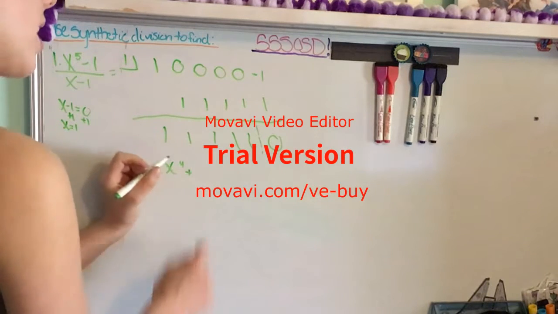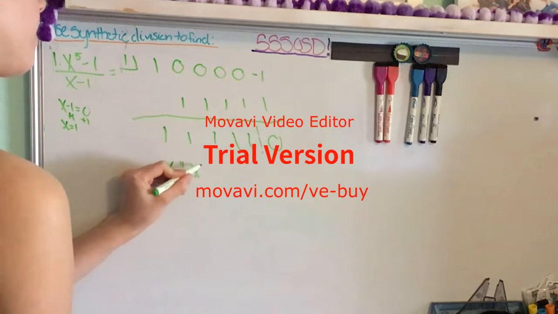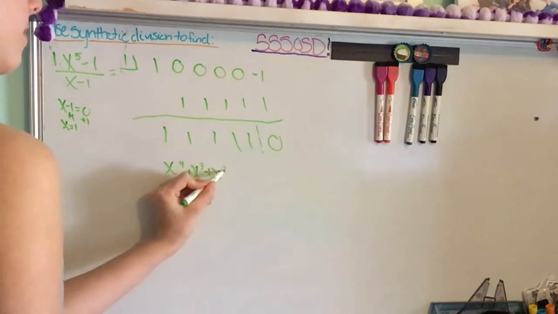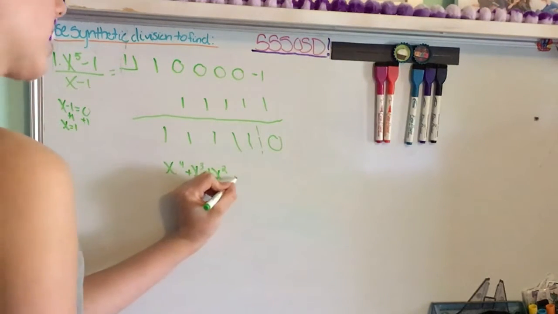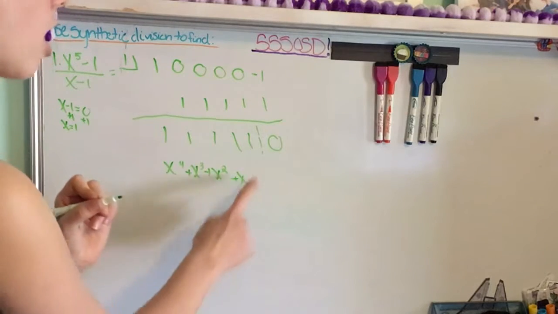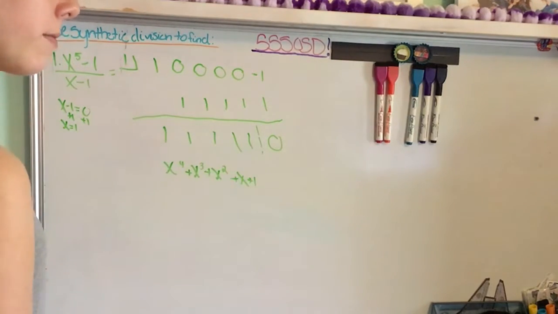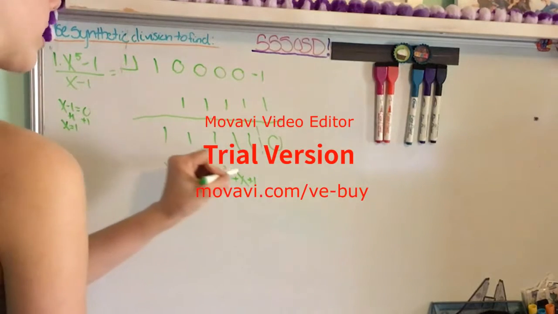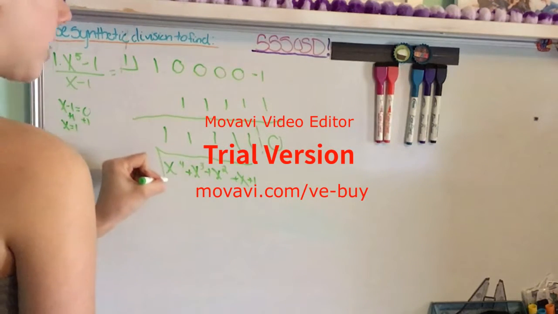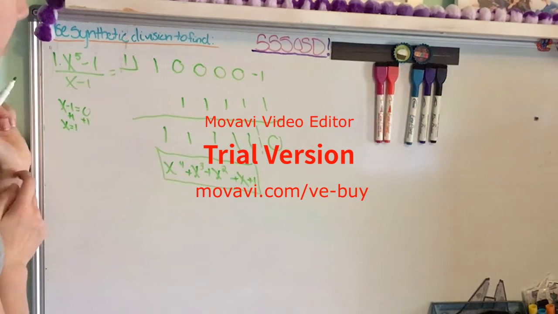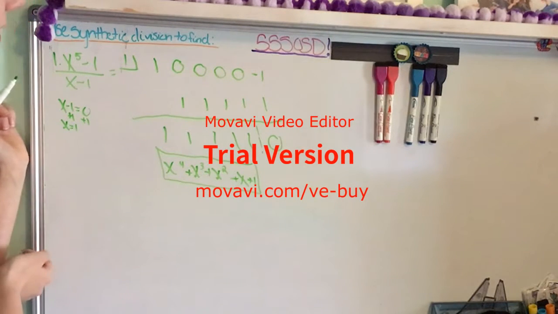Then we're going to add a positive x to the 3rd, then a positive x squared, and a positive x, until we get to our constant of positive 1. And because our remainder is 0, you do not do anything with that 0, and so this is your final simplified equation for x to the 5th minus 1 over x minus 1.